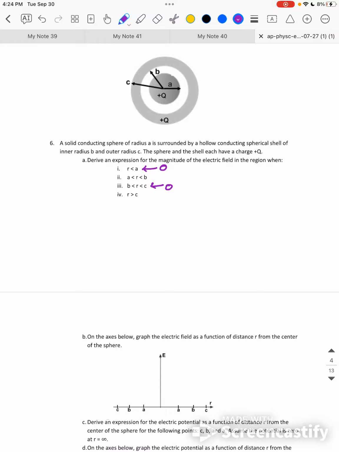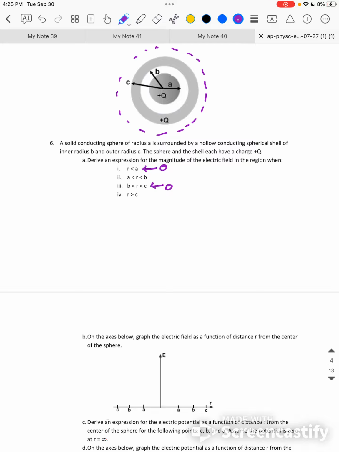But when we have an electric field outside of a conductor, I'm going to do when R is greater than C first, because that would be a Gaussian surface out here. And when we are outside of a circle of charge, even if there are 2 circles of charge inside, we can still treat it as a point charge.